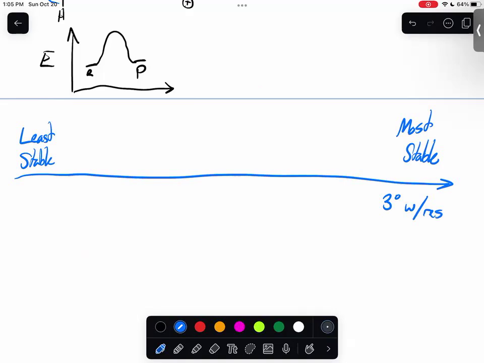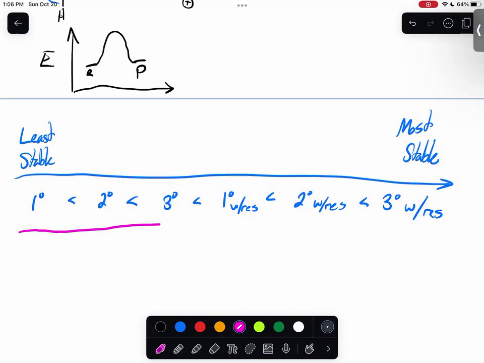That's better than the secondary with resonance, which is better than a primary with resonance, which is better than a tertiary, which is better than a secondary, which is better than a primary. Looking at this scale, it's also the direction of rearrangements or shifts, right? Because we're always moving towards the right-hand side, right? That is our direction of rearrangements.